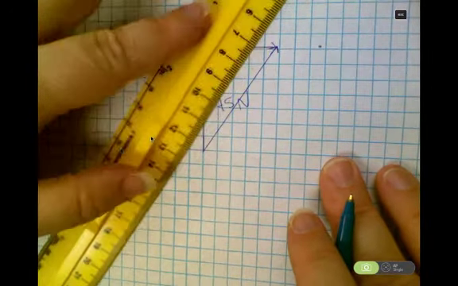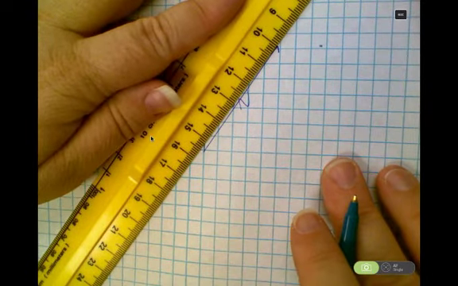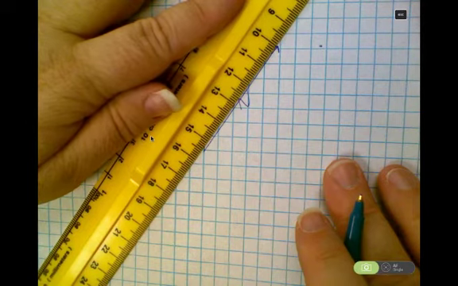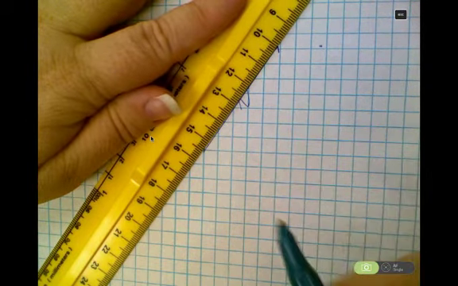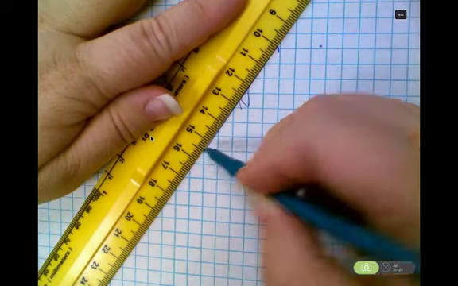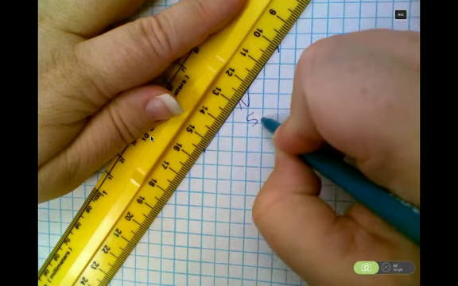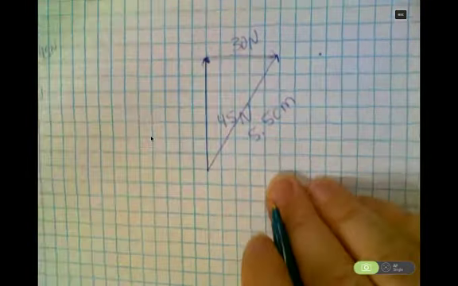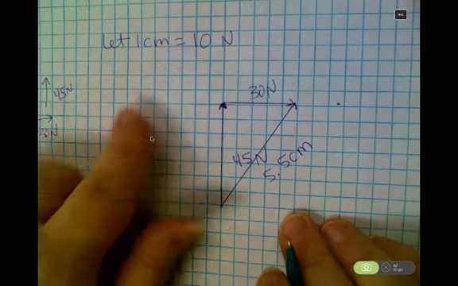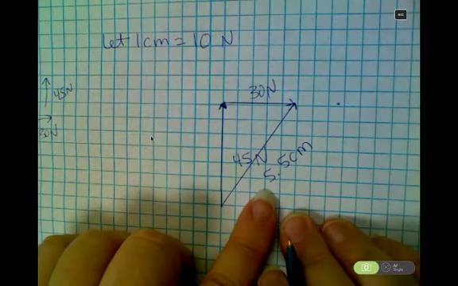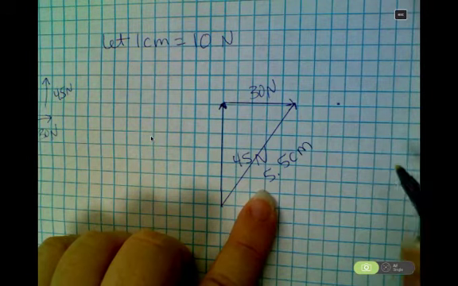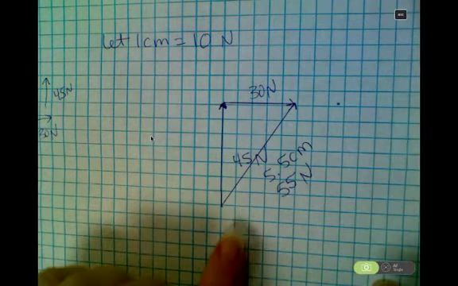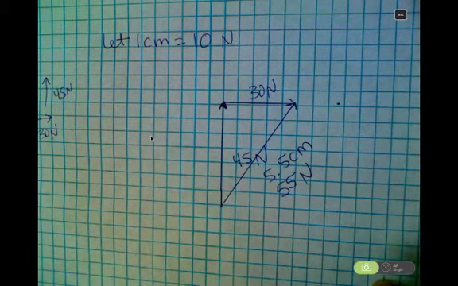Now I'm going to go from the 10 because it's just a little bit more accurate. Go down here, and if you notice, I'm at about 5.5 centimeters. And using our scale of 1 centimeter equals 10 newtons, I'd take 5.5 times 10, and I would get 55 newtons.